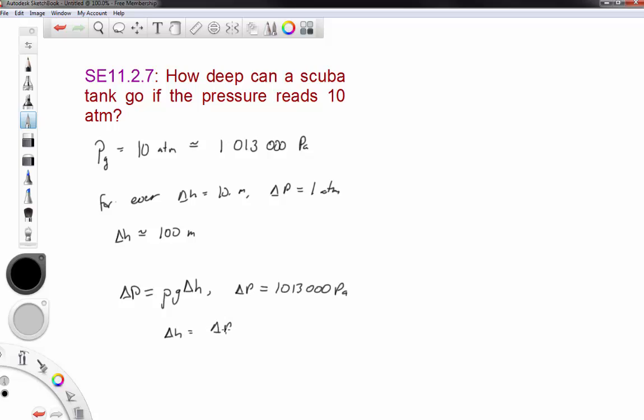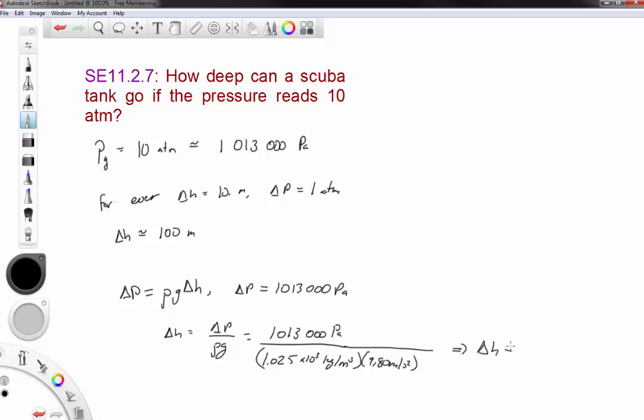So delta H is going to be delta P over rho g, and so that's 1,013,000 pascals divided by 1.025 times 10 to the 3 kilograms per meter cubed times 9.80 meters per second squared.